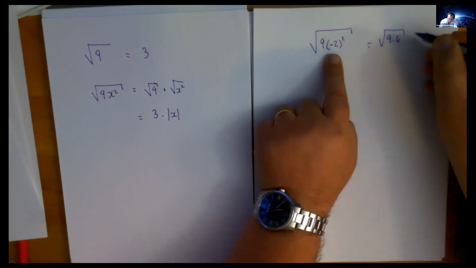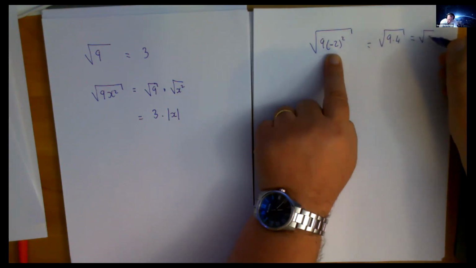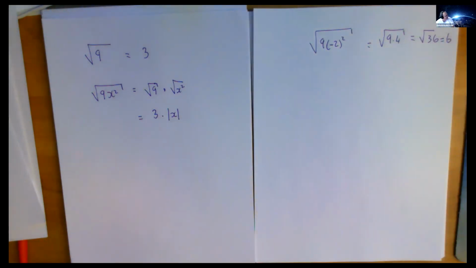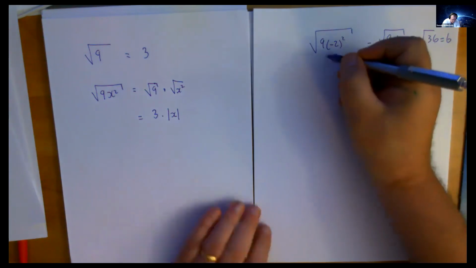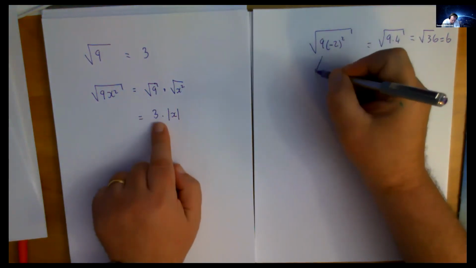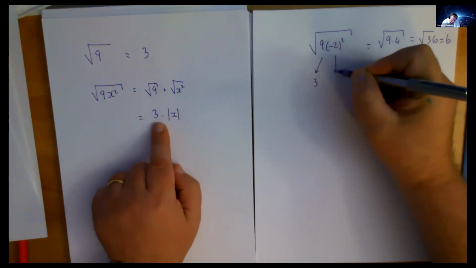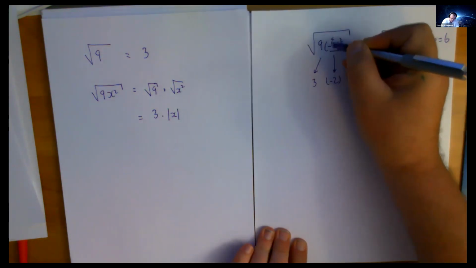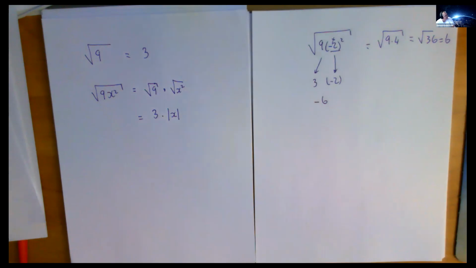And isn't that the square root of 36, which we all know is 6? But if I use this gets me 3 and this gets me x, couldn't I falsely think that the answer was -6?